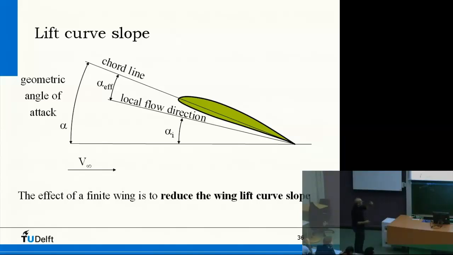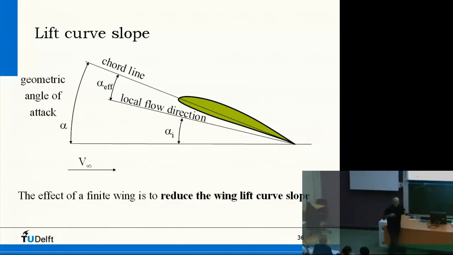So what we see here is, again, this airfoil with the chord line here, the geometric angle of attack. Here we see the induced angle of attack. So this is the angle that exists because of the fact that you have downwash at the position of the wing. And what this airfoil effectively sees is this angle of attack.